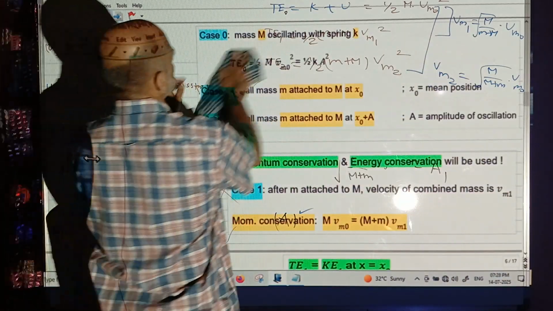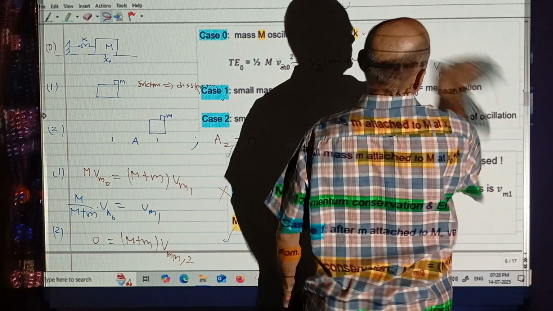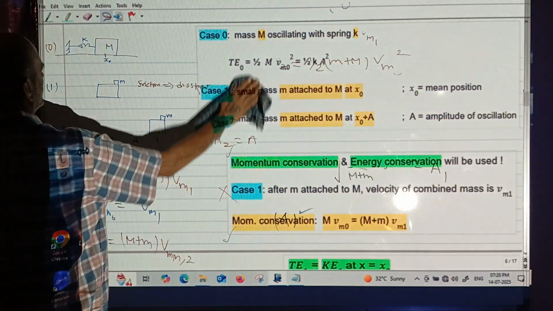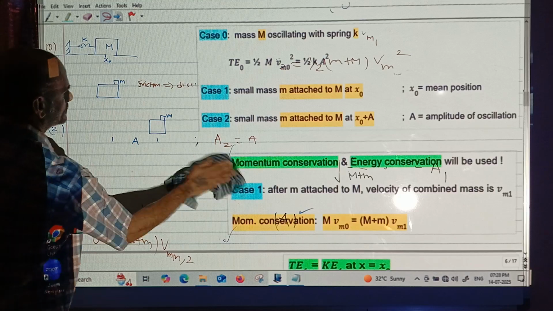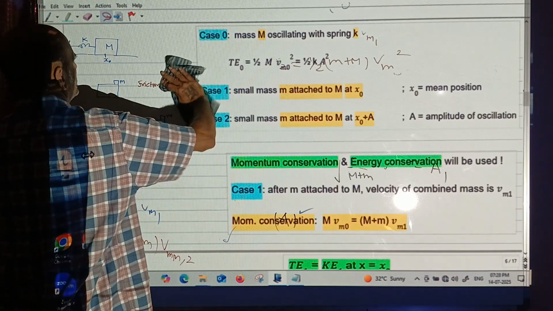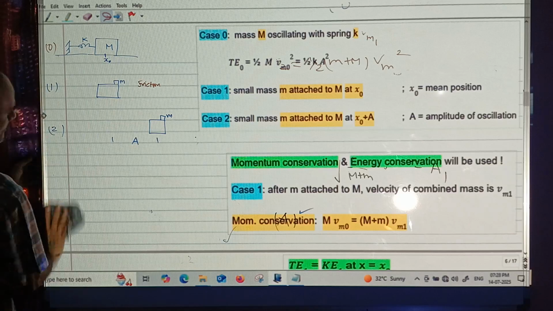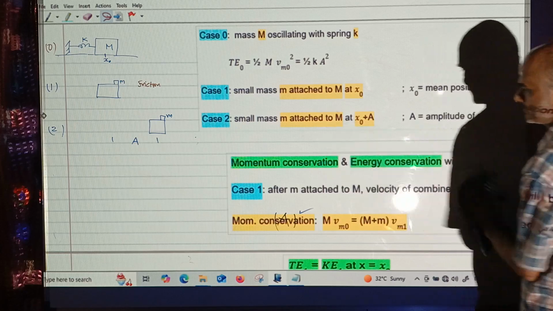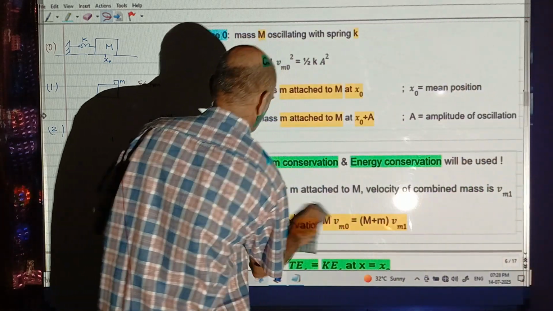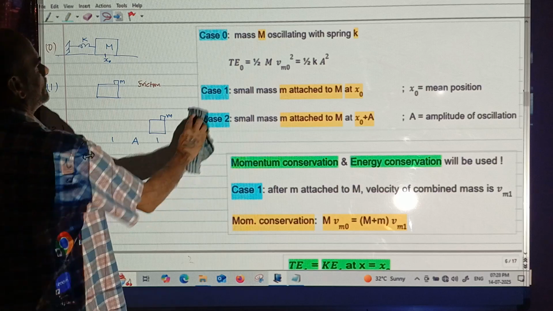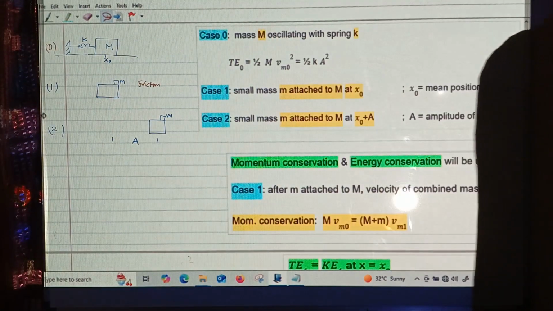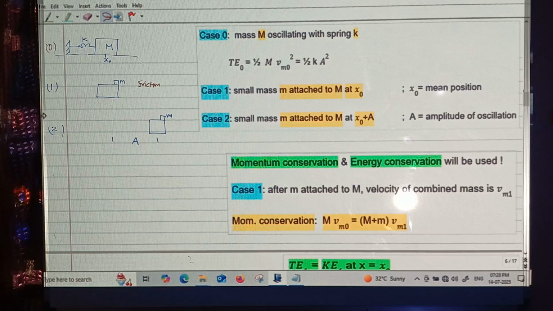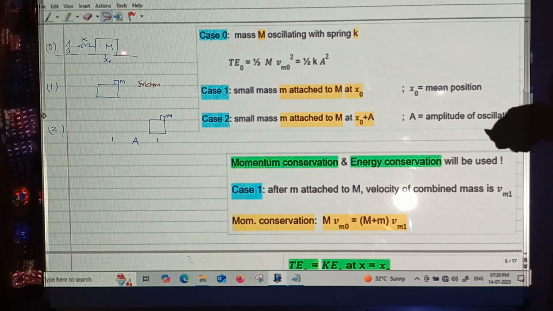So this is what I explained here. M naught, mass capital M oscillating in spring K. This is the zeroth case, the original situation.